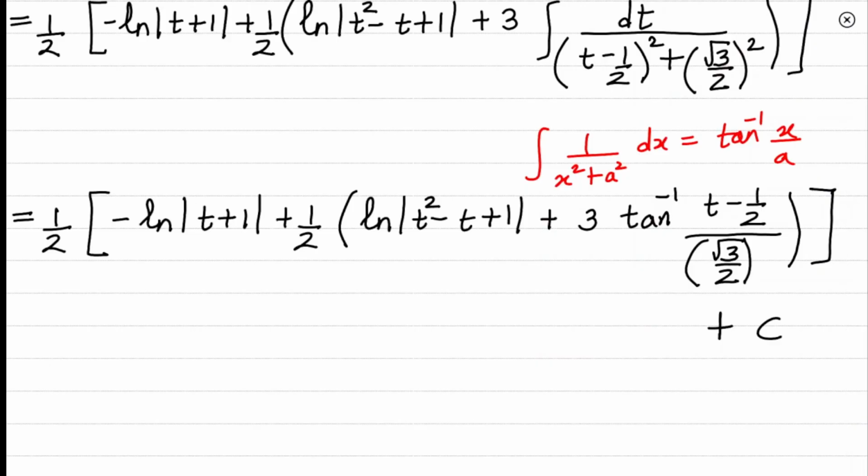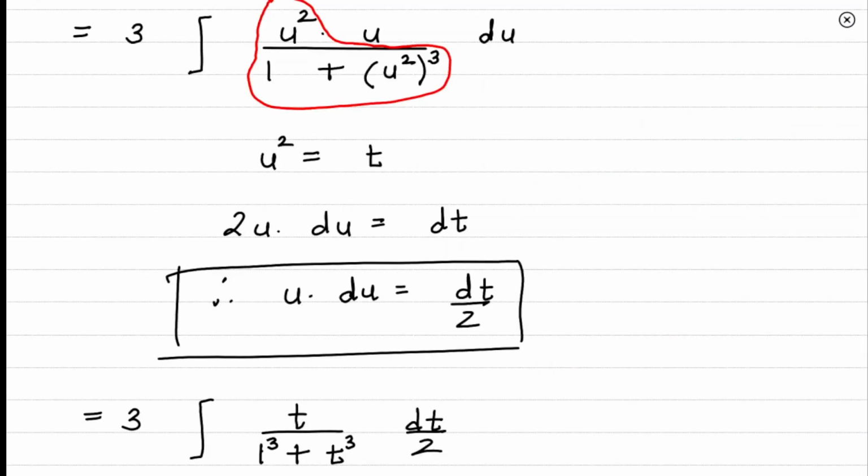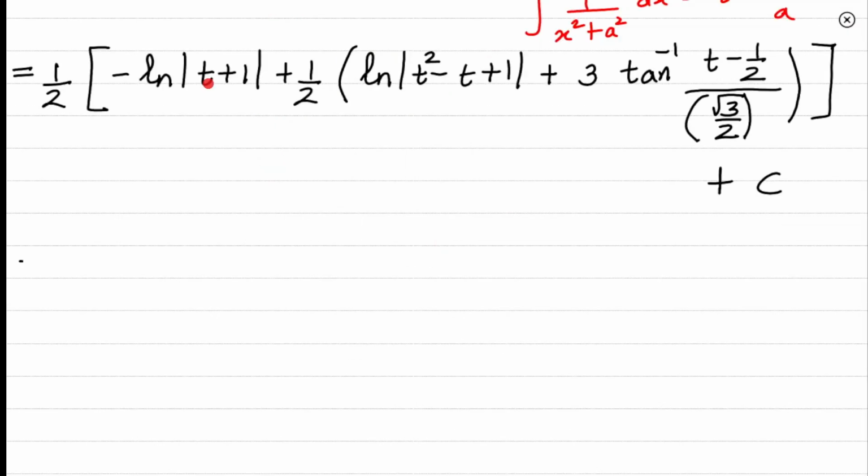But remember we'll have to convert it back to the x world, and in order to do that, remember that t was nothing but u square. So now instead of t, write u square. Also you can multiply these constant values inside to simplify it further.